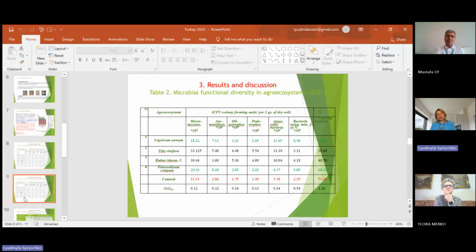So the number of oligotrophic and phytotrophic bacteria increased and the number of nitrogen-fixing bacteria decreased, more in comparison with the beginning of our study.